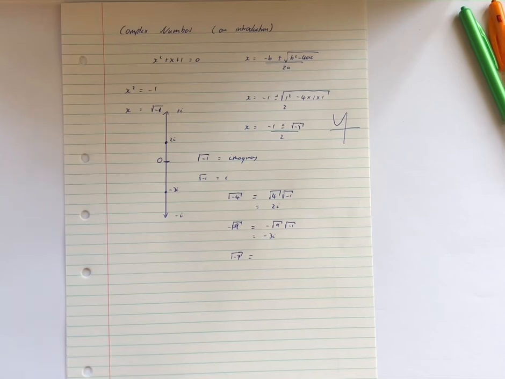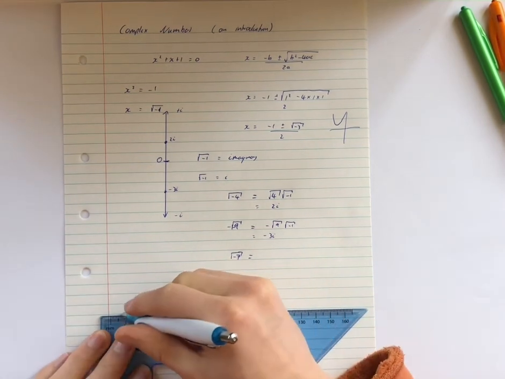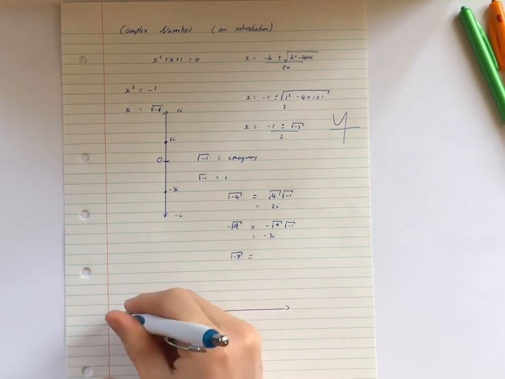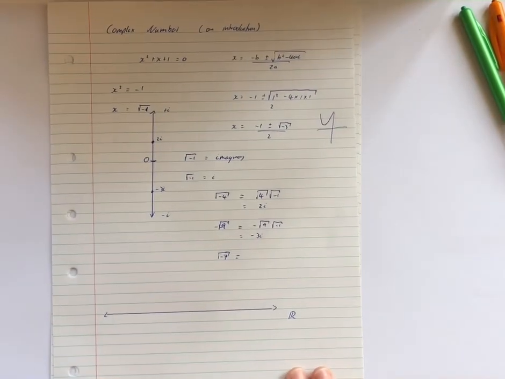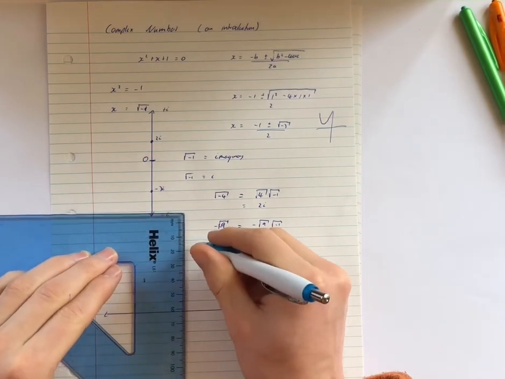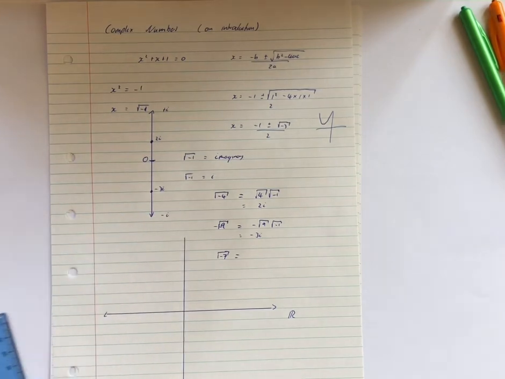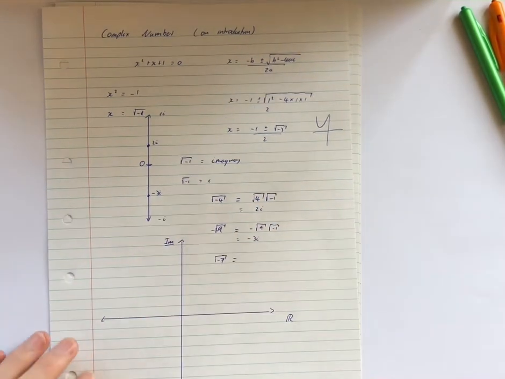So now we've got two number lines. We have the real number line, which I'll express going horizontally. So these are the real numbers. And we have this new vertical number line, and we express these as the imaginary numbers, iN.